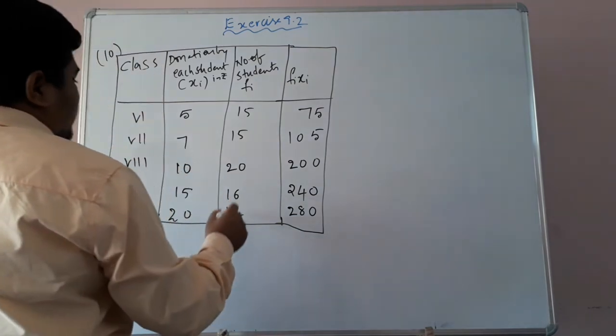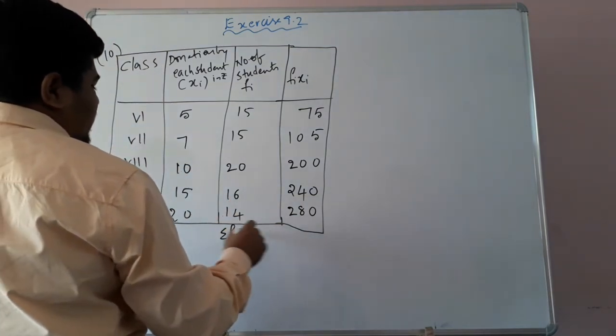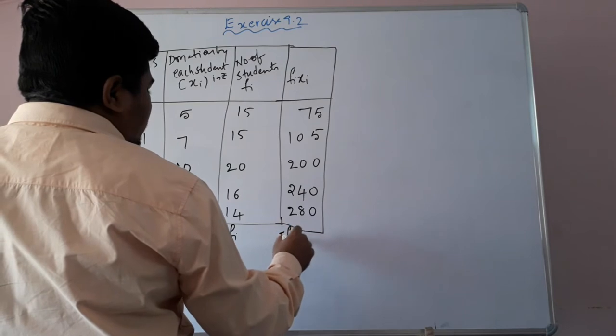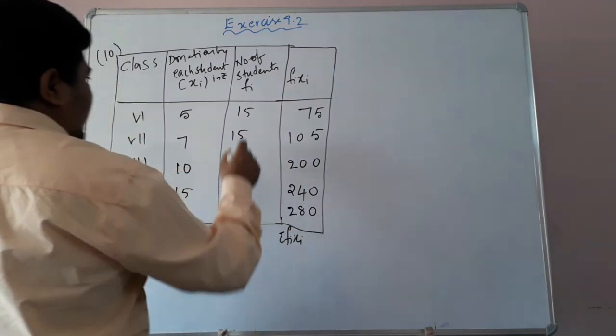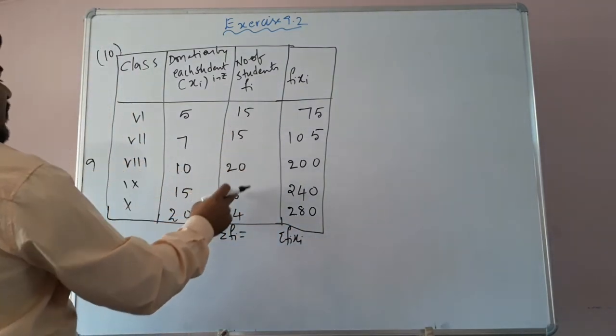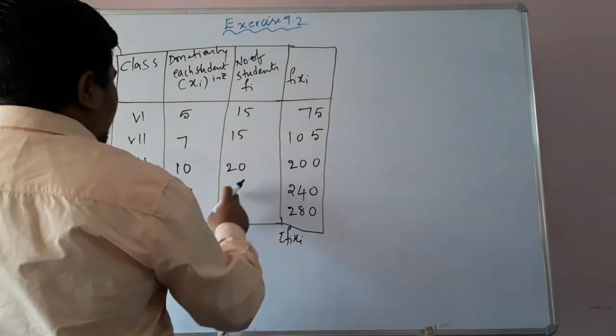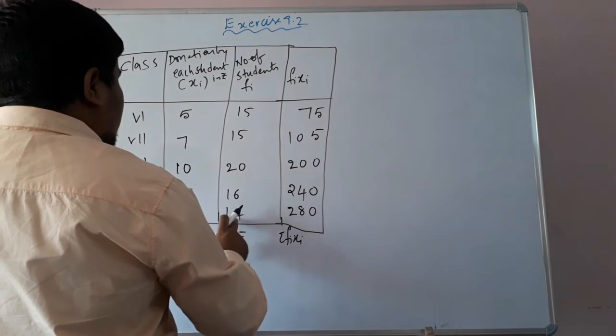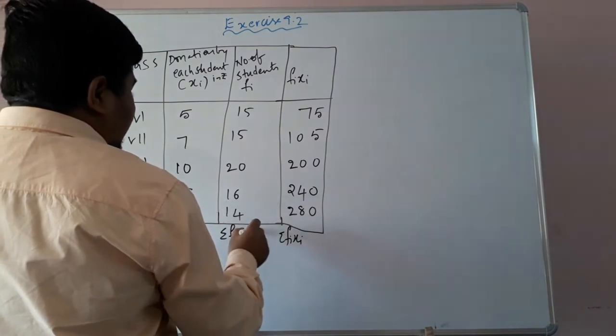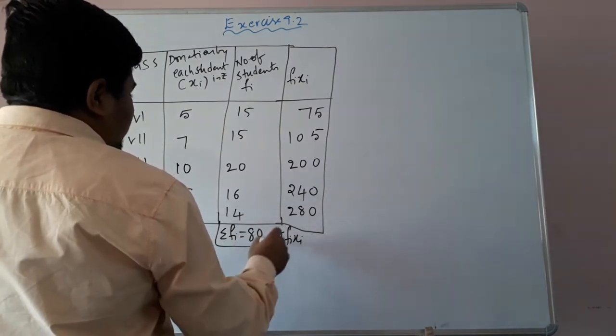Now sigma Fi values we need to find, children, and also sigma Fi Xi values. So sigma Fi value, children: 15, 15 is 30, 20 is 50, 16 is 66, 4 is 70, 70 plus 10 is 80. Sigma Fi value, children, is 80.